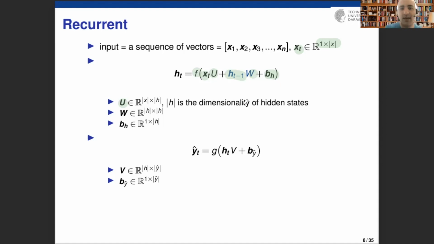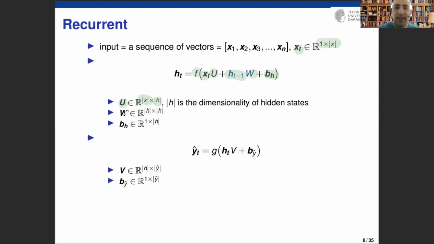So if we say H is the dimensionality of the hidden state, then the size of the matrix U is clear, right? It is the size of your embeddings times the dimensionality of the hidden states.